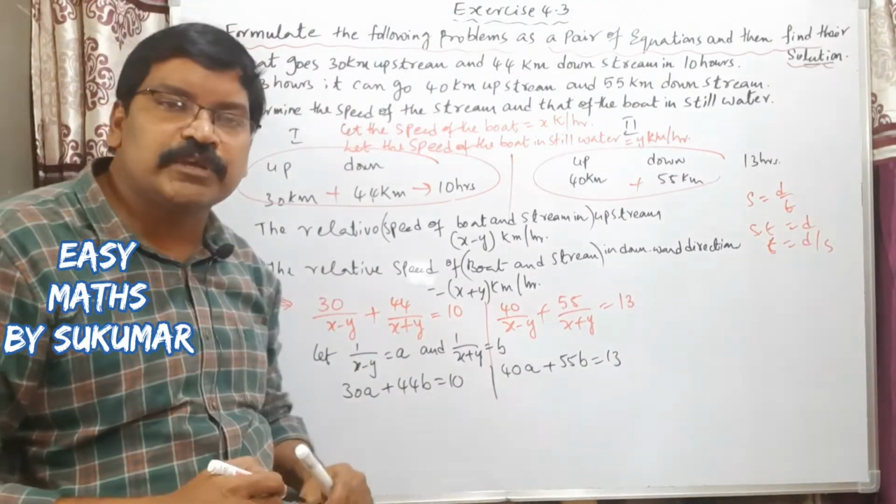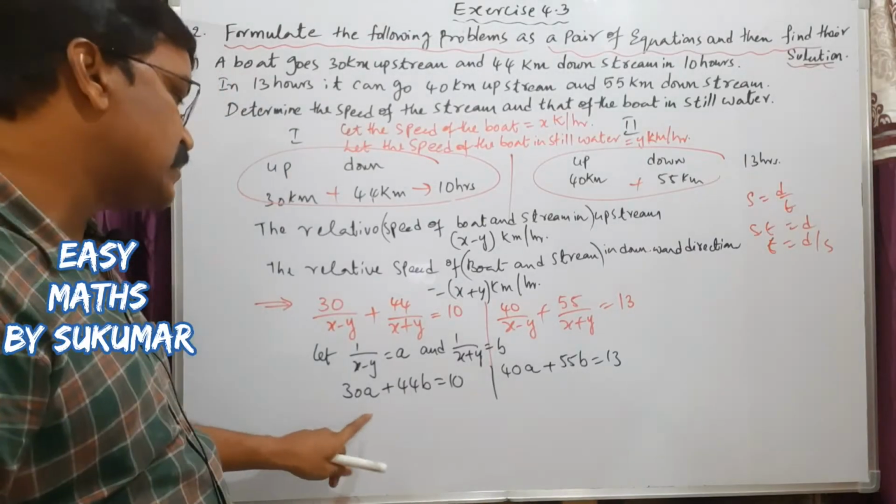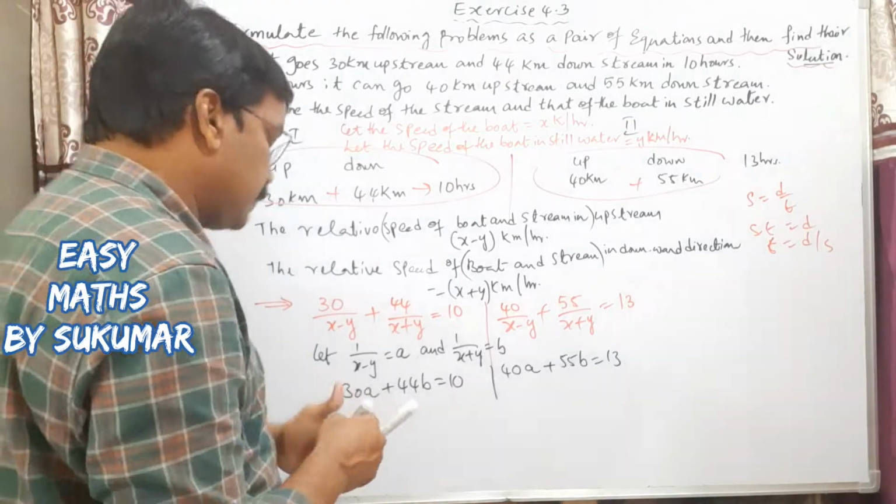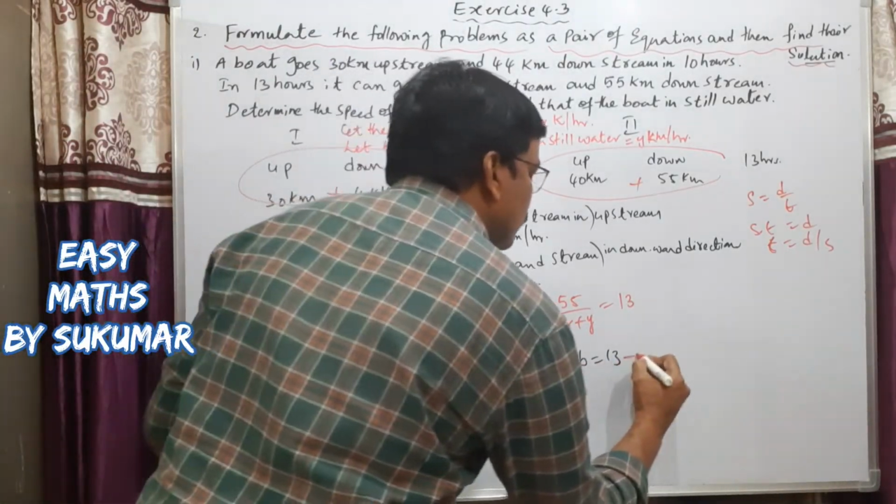If you observe the two equations, the coefficient of a is 30 in equation 1 and 40 in equation 2.